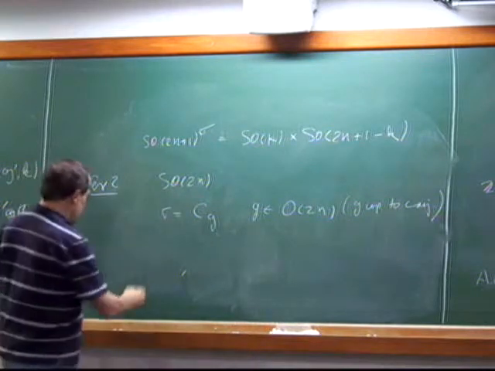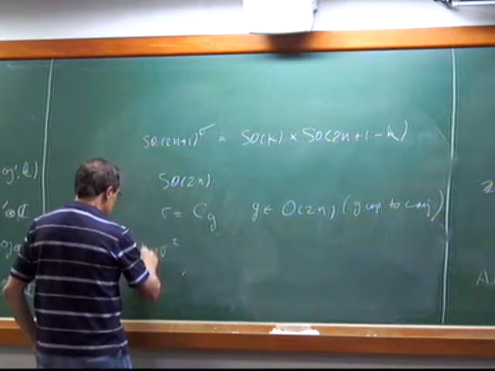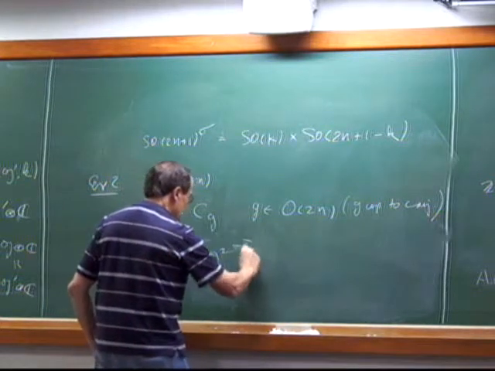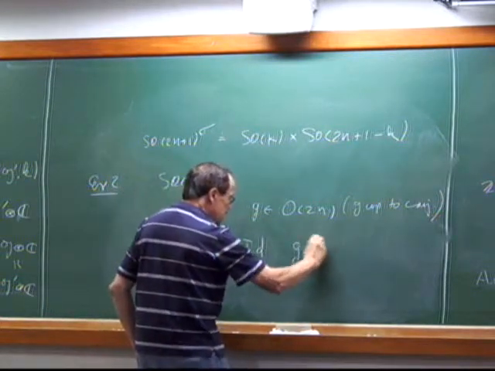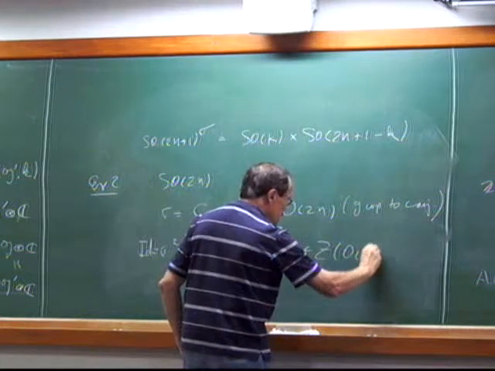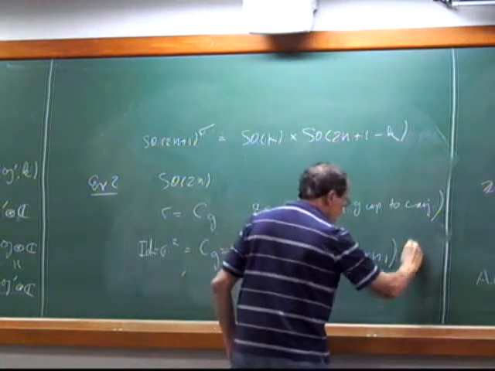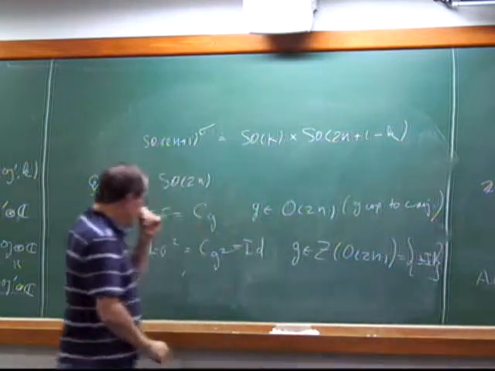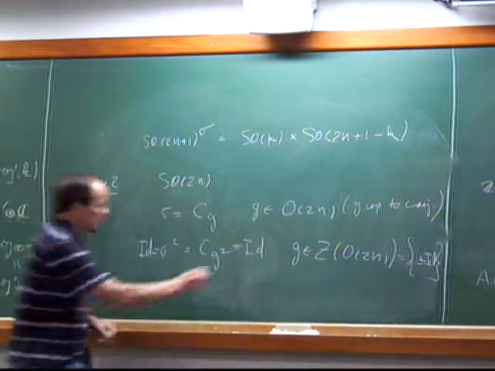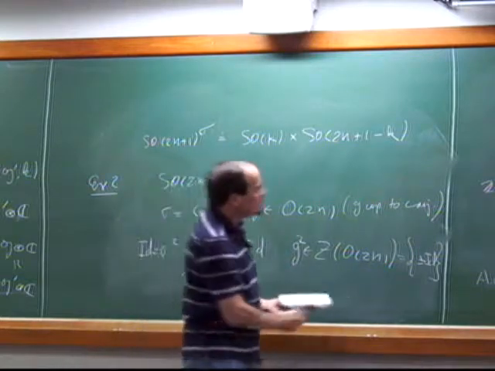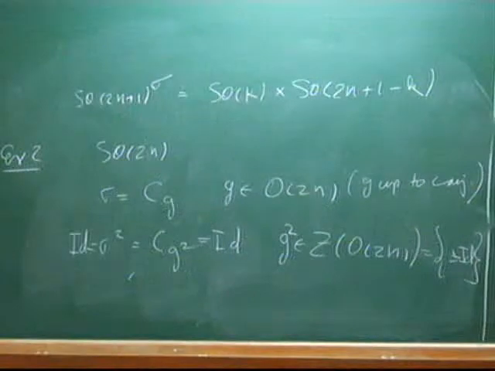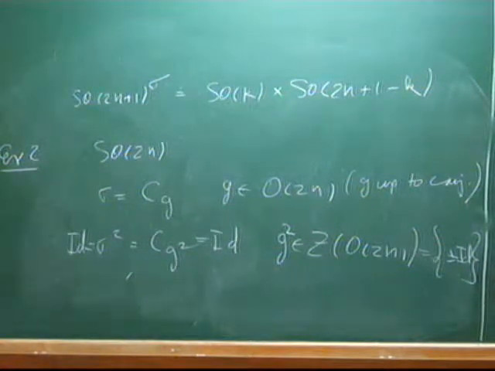So I will continue as before. Sigma squared is the identity. That's conjugation by G squared, which means G squared lies in the center of O(2n). But now that's plus or minus identity. So what are the possibilities?